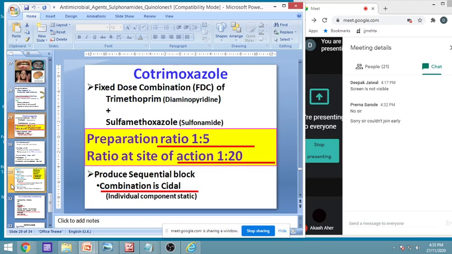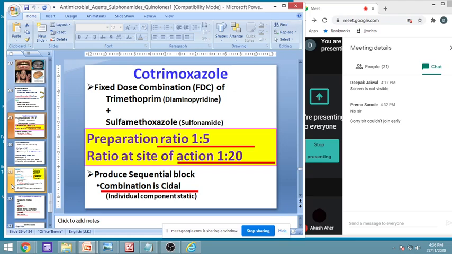Then how it is used, as I told you, they are not used alone, it is used as a fixed dose combination of trimethoprim and sulfamethoxazole. Preparation is 1:5. It is very common. Ratio at the site of action is 1:20, and it produces sequential block. If you remember, we have seen the mechanism of action. It started with first dihydrofolate reductase inhibition, and next, trimethoprim was causing tetrahydrofolate reductase inhibition.